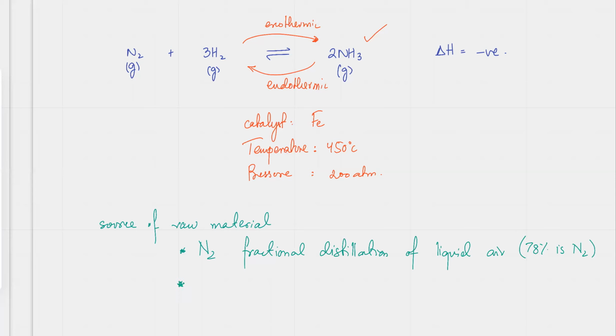And then you have another one, which is where you get hydrogen. Hydrogen you get from electrolysis of water, but that is secondary. The first source is cracking of oil that you'll study much later on. So just remember it's cracking of oil or electrolysis of water.